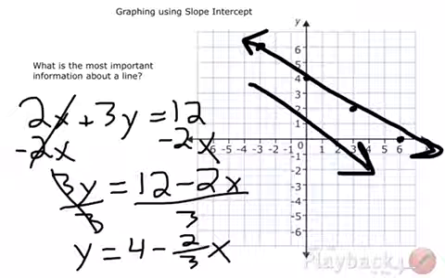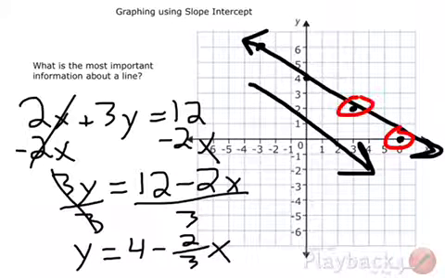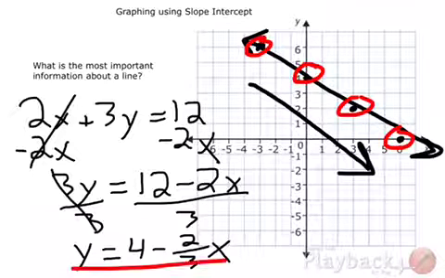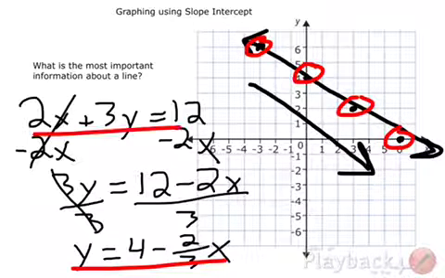And I also want you to take note that each one of these points that you created will work in both of your equations. It will work in your new equation that you created, and it will also work in the old equation, because a line is just a continuous set of solutions for an equation. That's all it is.